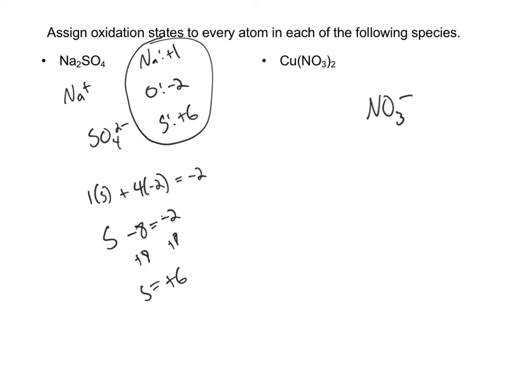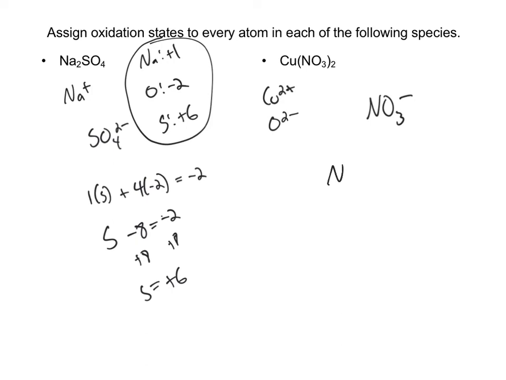So my oxidation states, copper is plus 2. And now when I focus on the elements in the polyatomic ion, I have the nitrogen and the oxygen. Oxygen is higher in the priority list than nitrogen. So the oxygen gets the negative 2 that it wants. And nitrogen has to be whatever it has to be for the ion to be negative 1 overall.